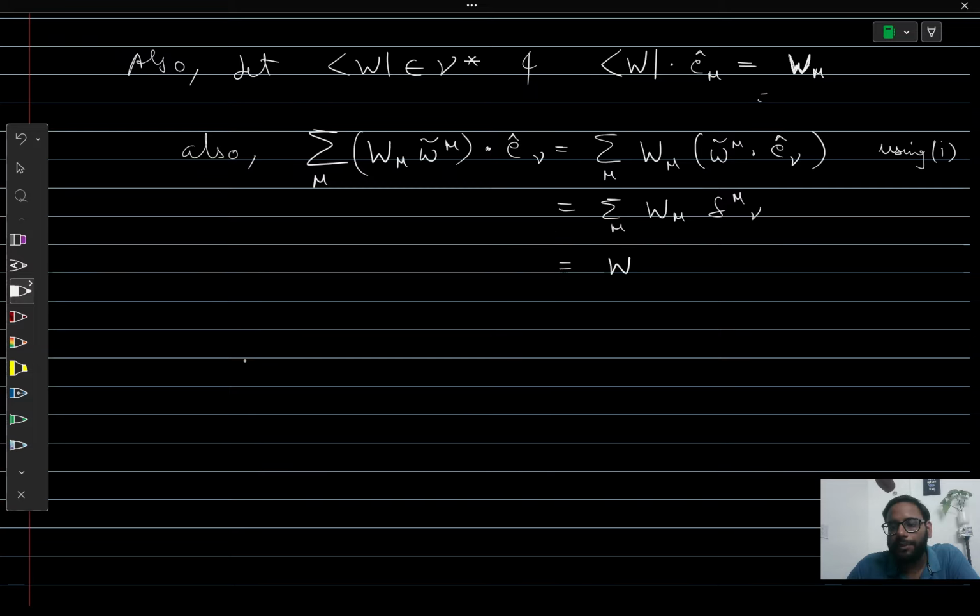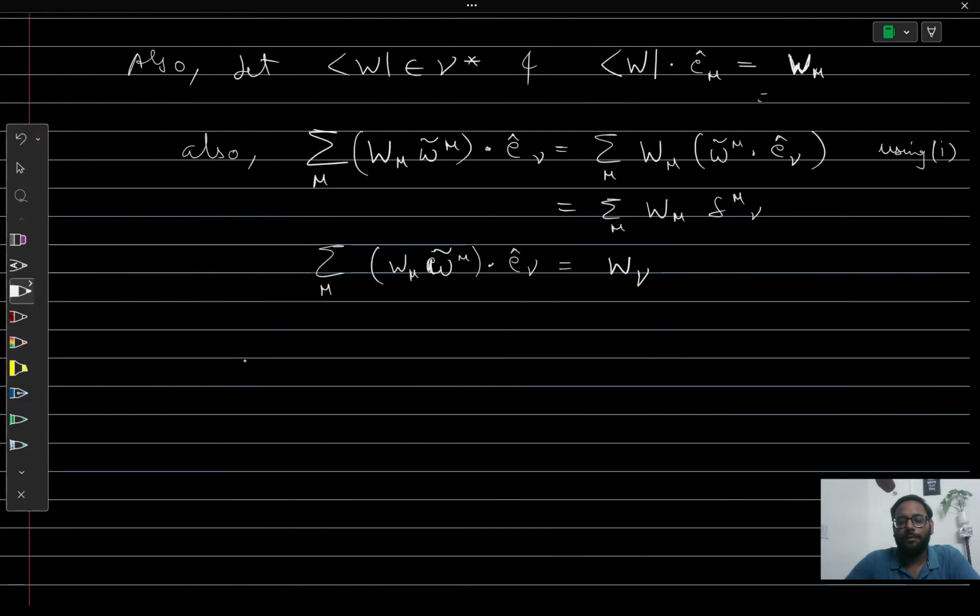So this will be the summation, this is my covector basis multiplied by.